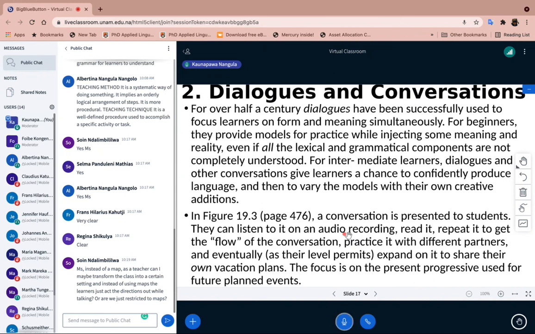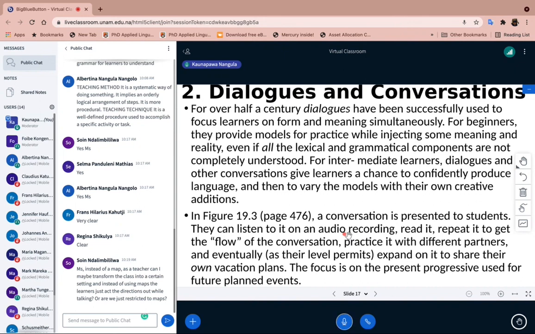So you can have them read first to acquaint themselves with the conversation, then listen as they read it, and then repeat to get the flow. After that, have them have this conversation with a partner, and then again with another partner.